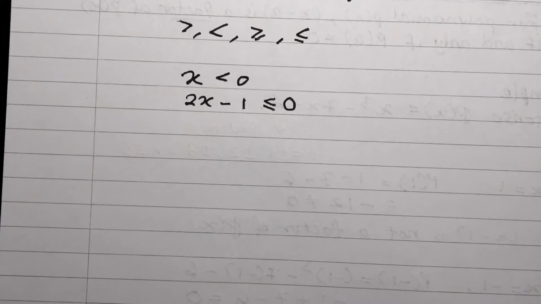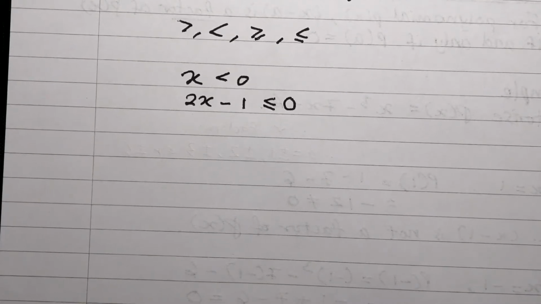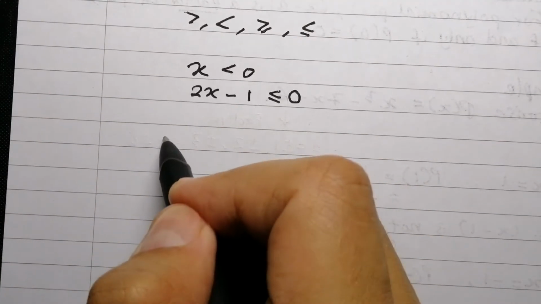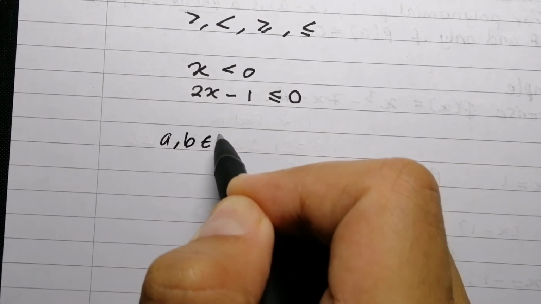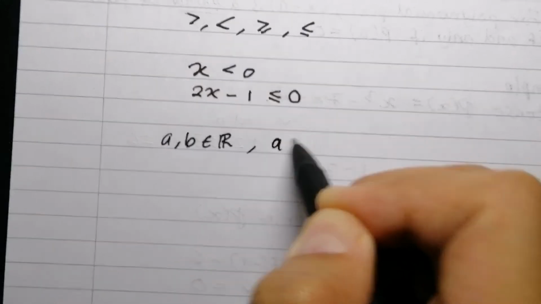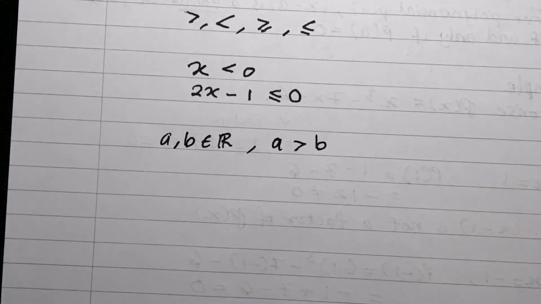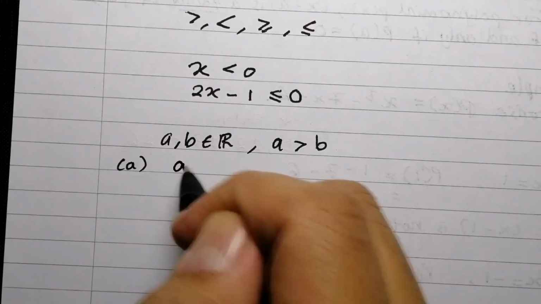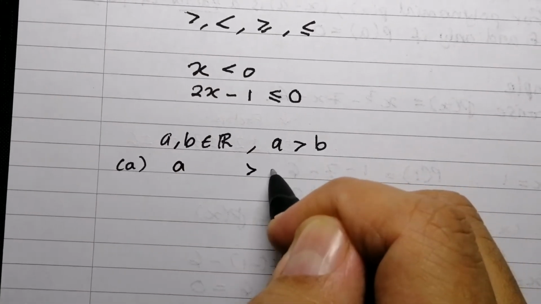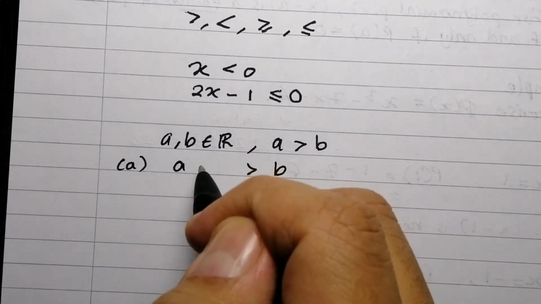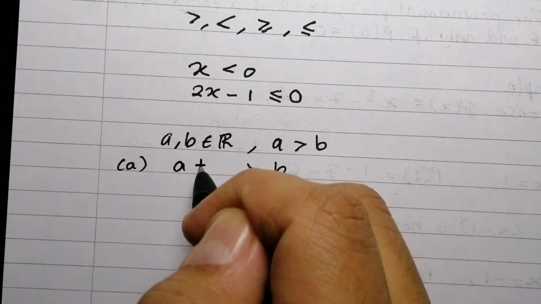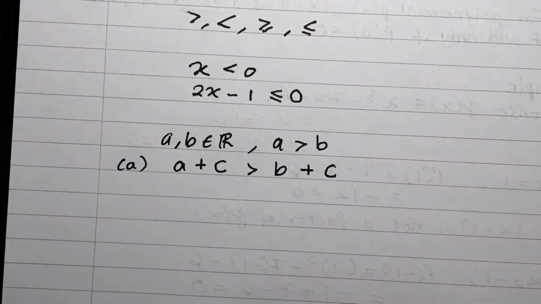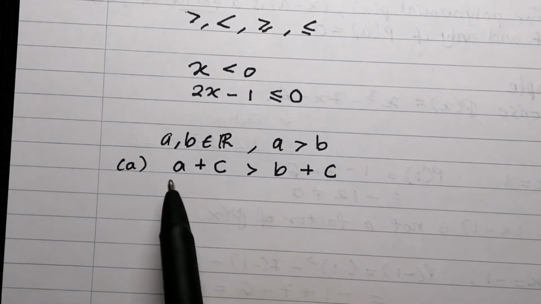Here, a and b are real numbers with a more than b, and we use the symbol R for the real numbers. For the first rule, a more than b, here using addition, we add any real number, for example c, on the left hand side and also c on the right hand side.